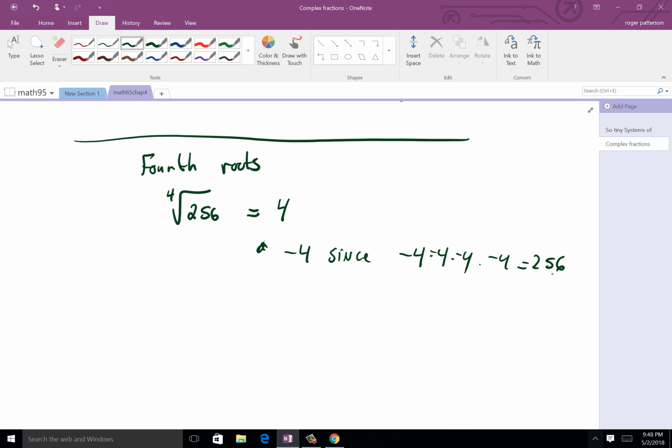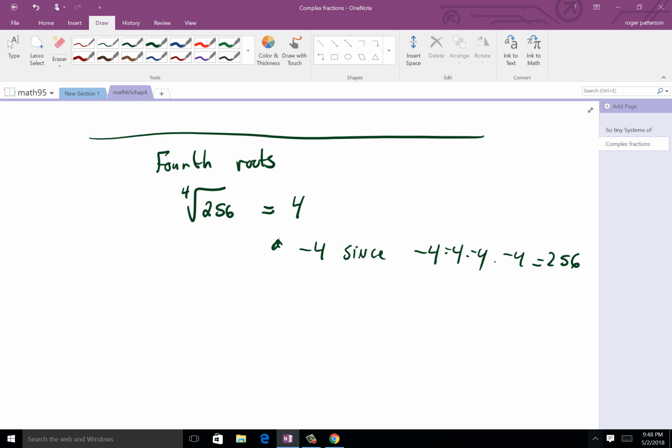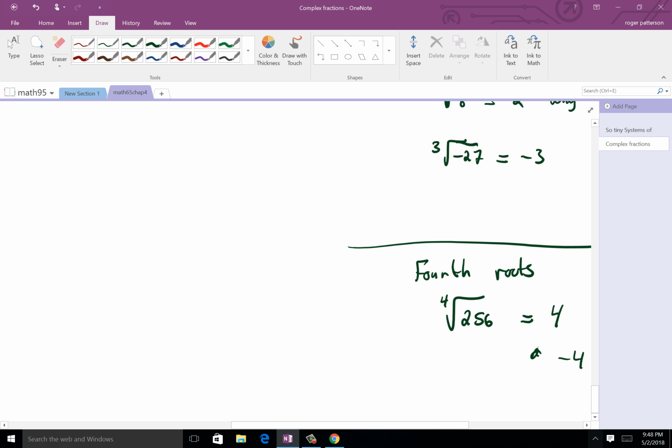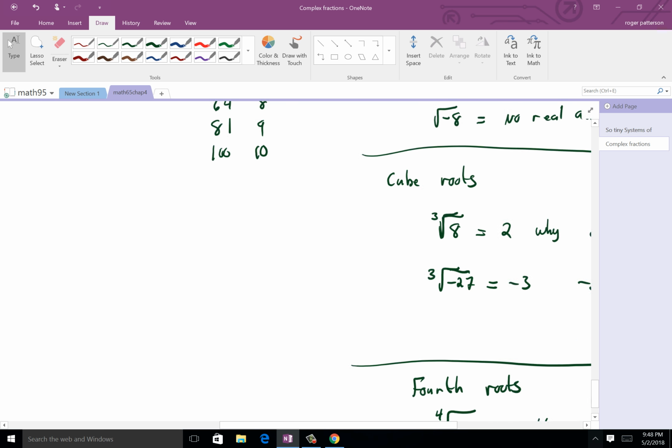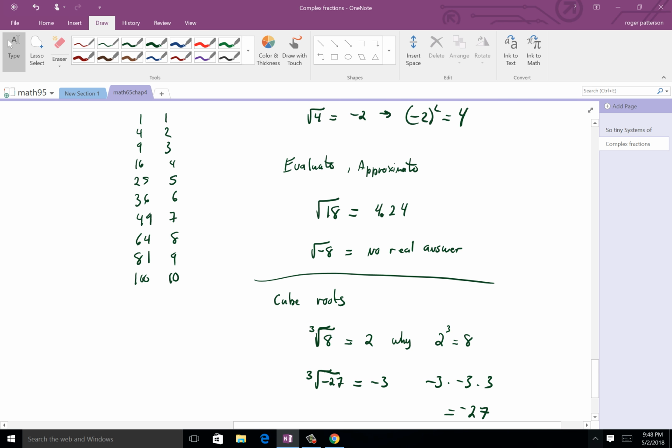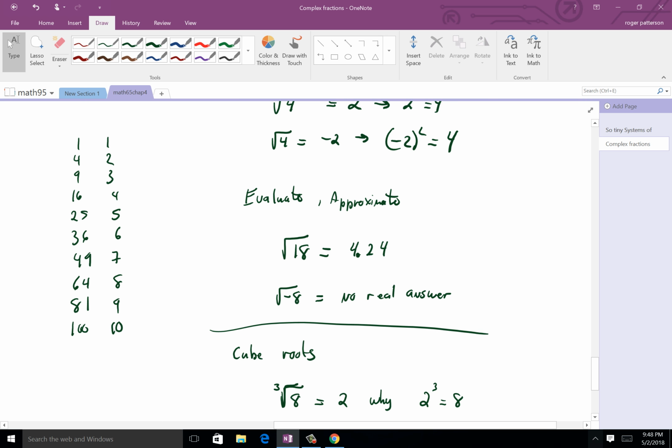The 4 is obviously your principal root. So there's many different roots you could do. You could go ahead and use your calculator on that. Some of them, I think, might ask you to not use it, in which case you'd have to kind of just know your powers and your roots, kind of like what we have up here. I didn't put cube roots in here, but you could.